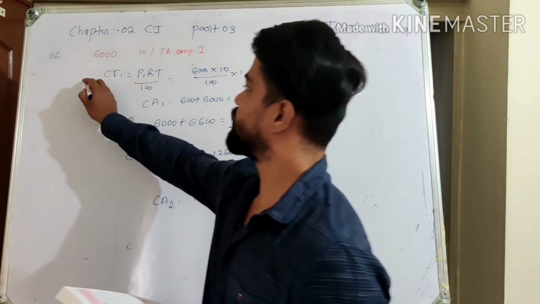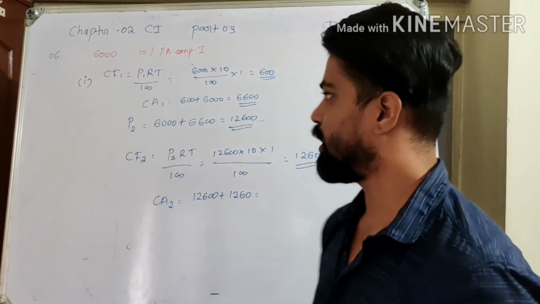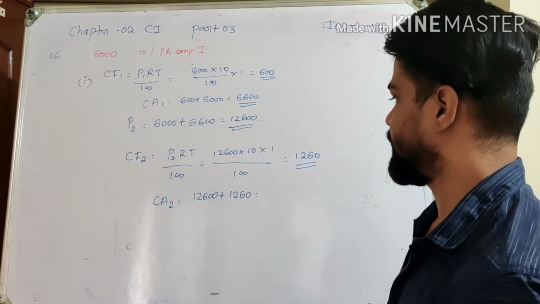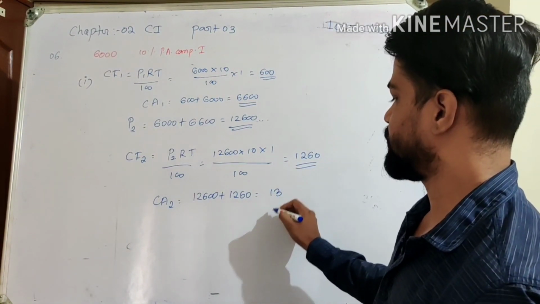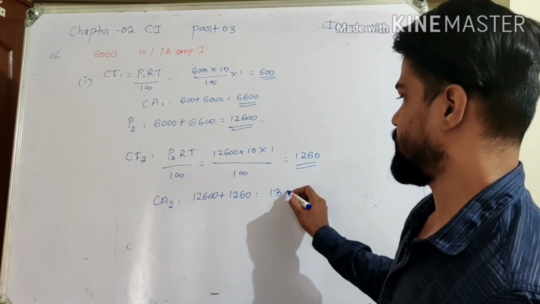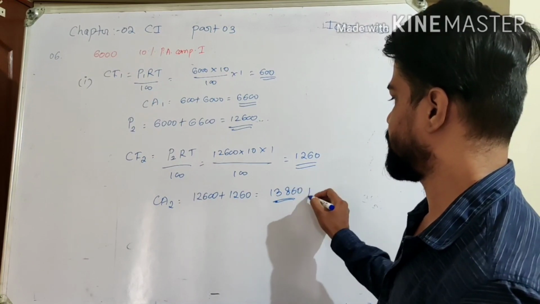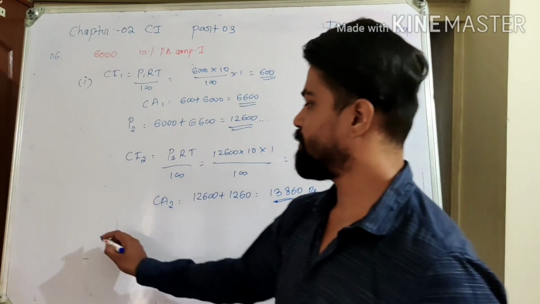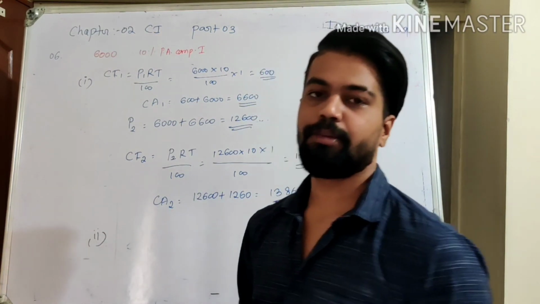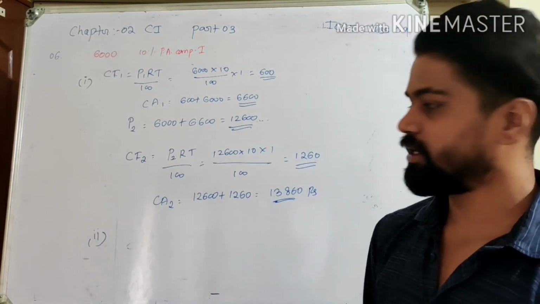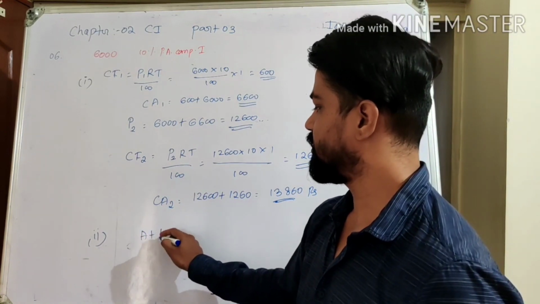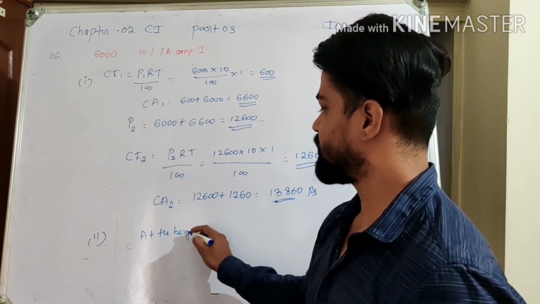This is the first sub question, which is asking the amount at the end of the second year. That will be 13,860 rupees. What is the second part? What is the compound amount at the beginning of the third year? So at the beginning of the third year, she is investing.